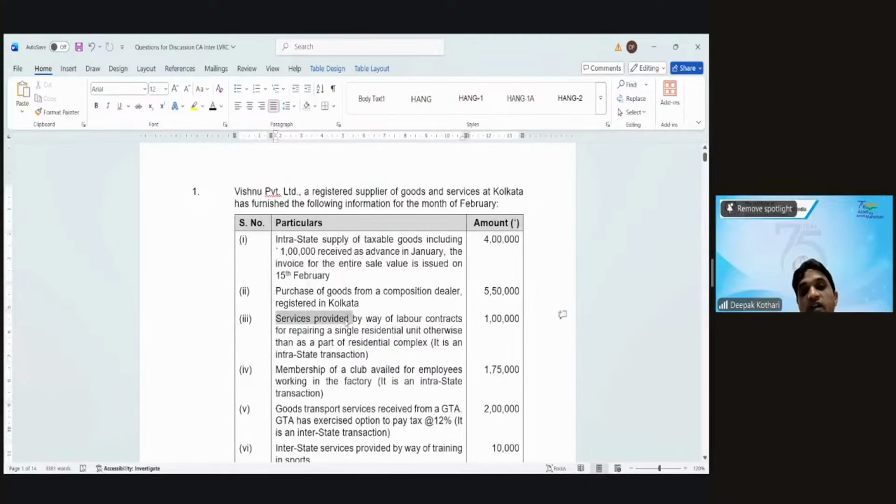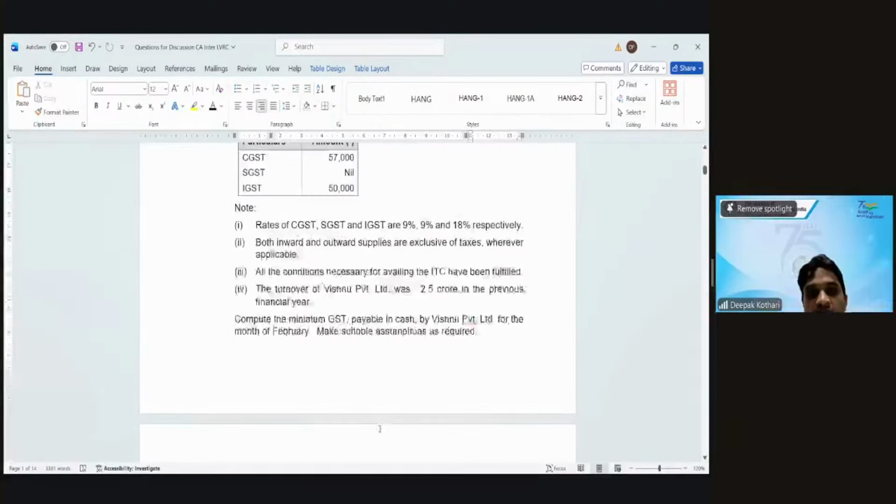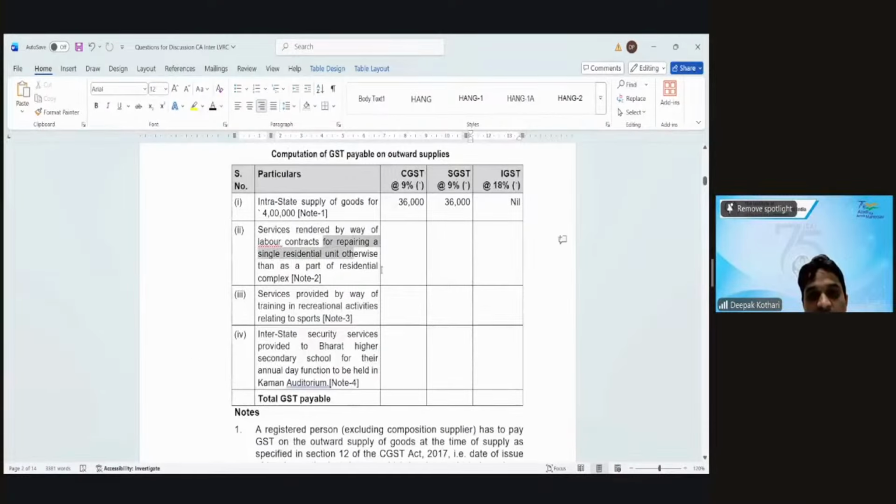Be careful, your questions will be tricky like this. You have to be careful in selecting the right words. Services which I am providing. On this, there's no question of ITC because this is my outward supply. Whether it is a single residential unit or anything, I will charge GST because there is no exemption on this. So I will charge GST on that 1 lakh rupees.